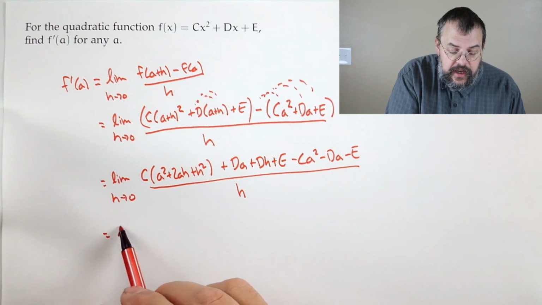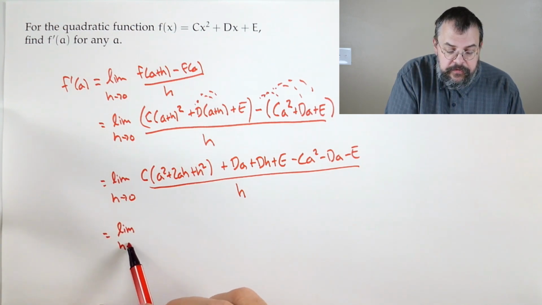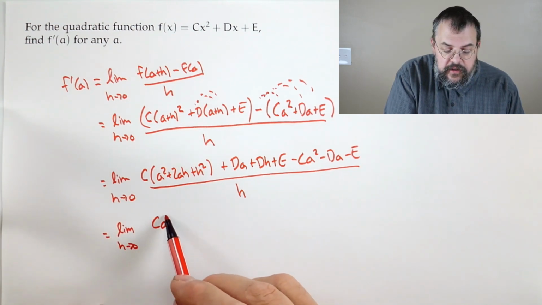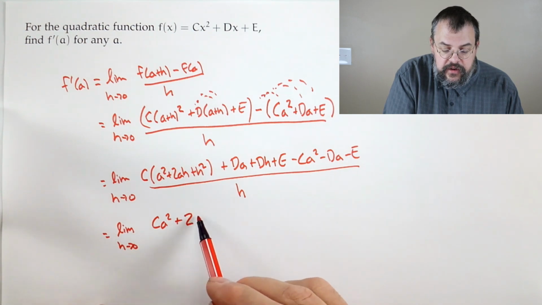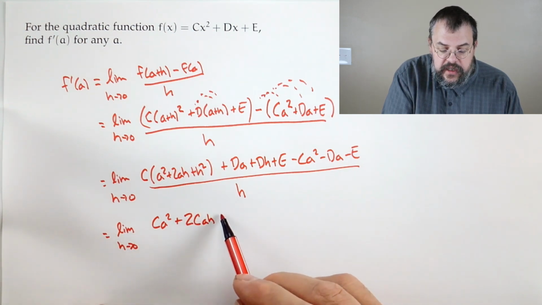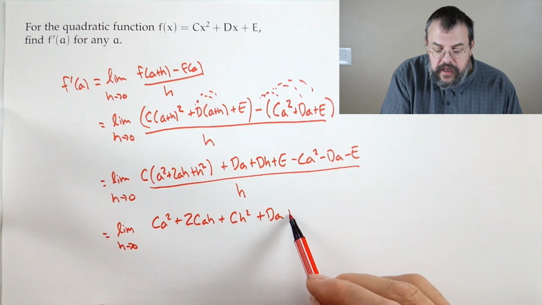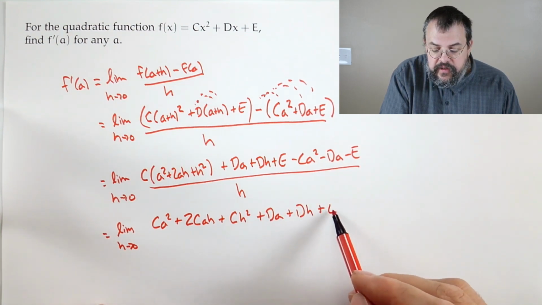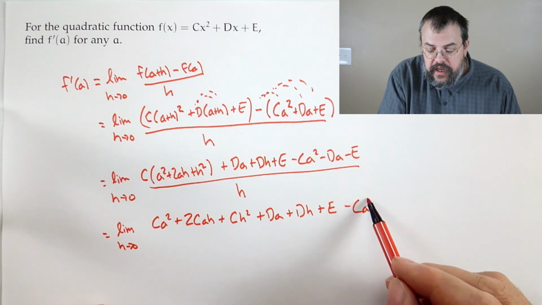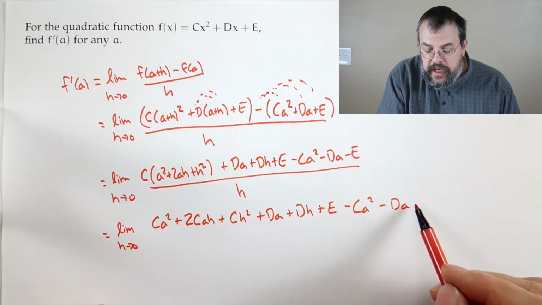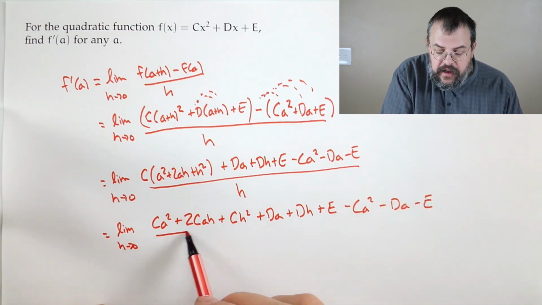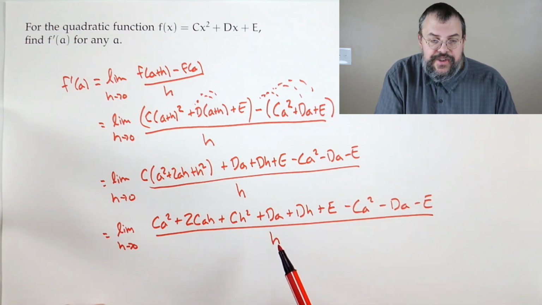Which is the limit as h goes to 0 of ca squared plus 2 times c times a times h plus ch squared plus d times a plus d times h plus e minus ca squared minus d times a minus e all over h.